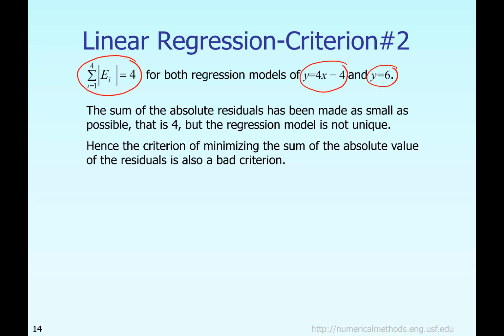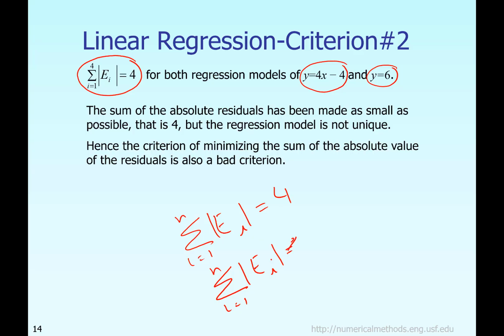So as people might say, if the sum of the absolute value of the residuals is 4, is there a possibility that you have not looked at, where the sum of the absolute value of the residuals will be strictly less than 4? In fact, if you take the data we have right now for this example, you will be unable to find a straight line for which the sum of the absolute value of the residuals will be less than 4.